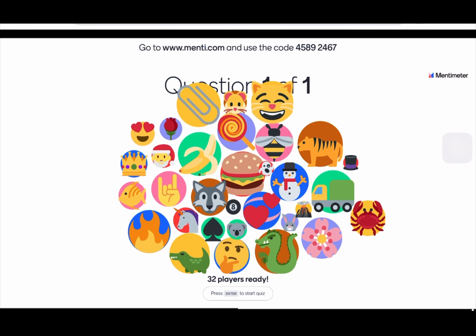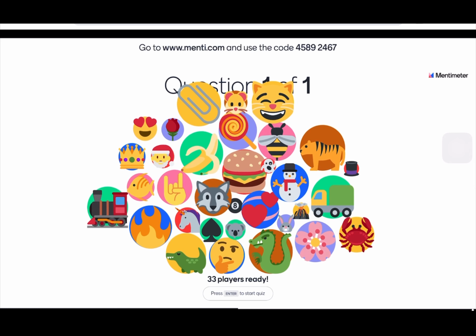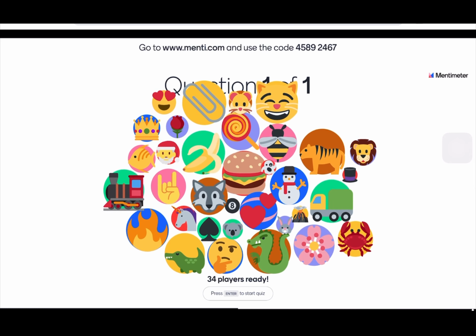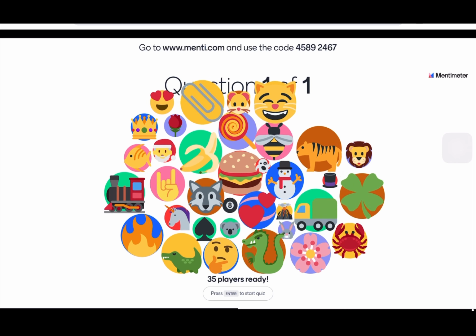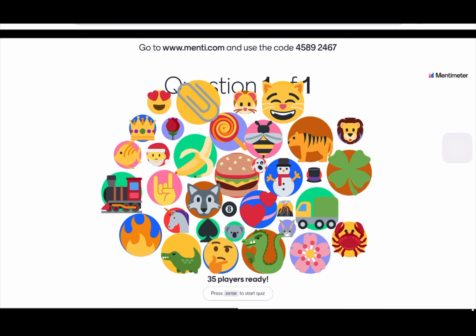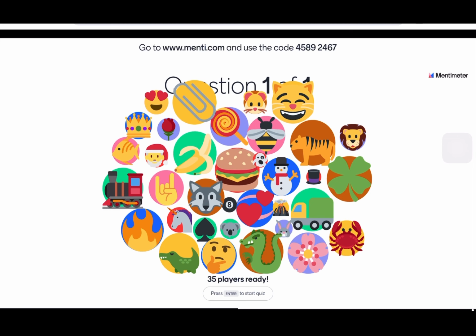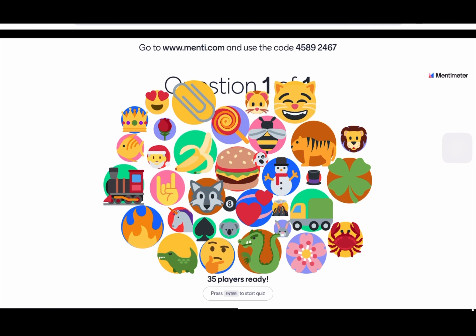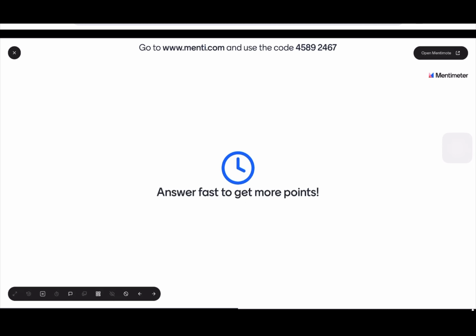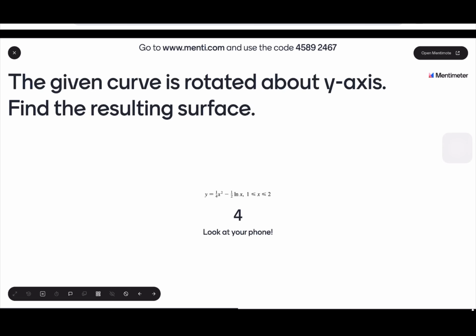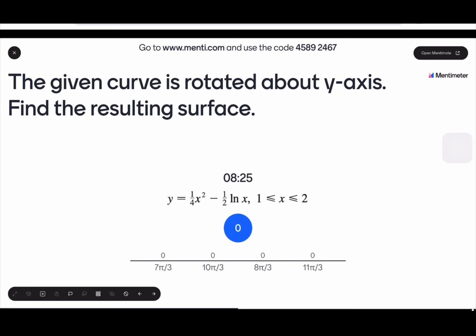Use your student ID, okay? So I can adjust easily. Okay, I think ready. Start. I hope you can see it on your screen. Carefully read the question.